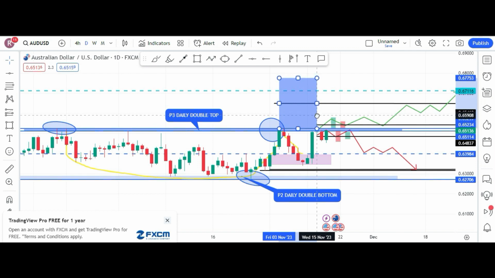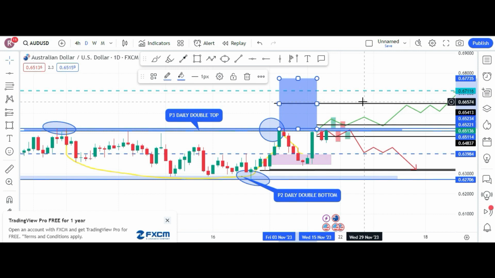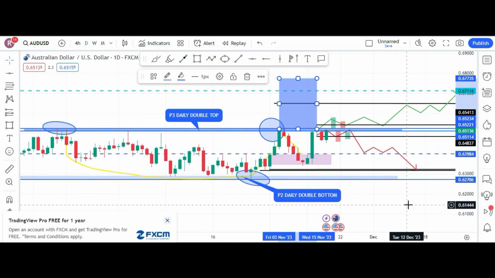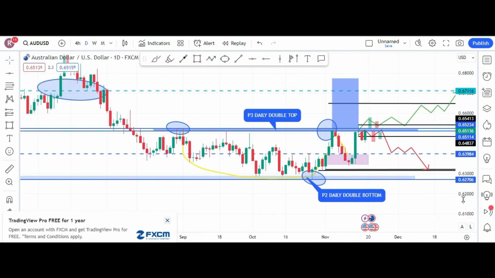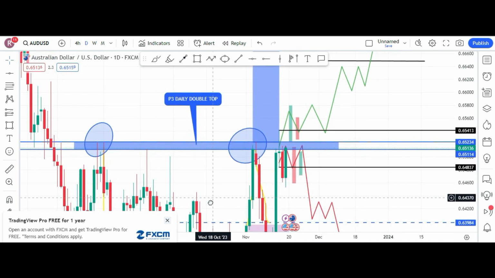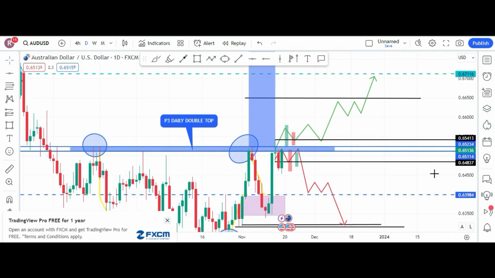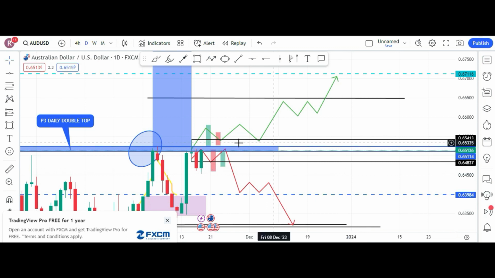So yes, this is the half we are targeting initially. And in my opinion, to be very honest with you, the analysis I made on 15th December is still in the same zone. But right now, after the end of last week, I think it is more bullish bias than bearish.